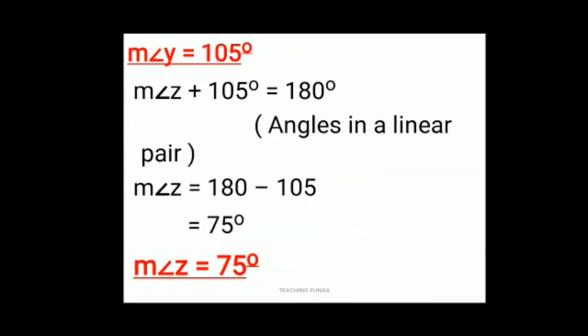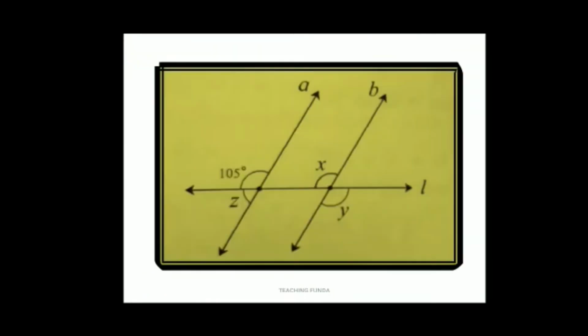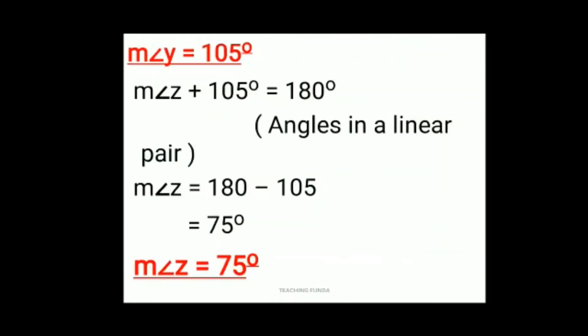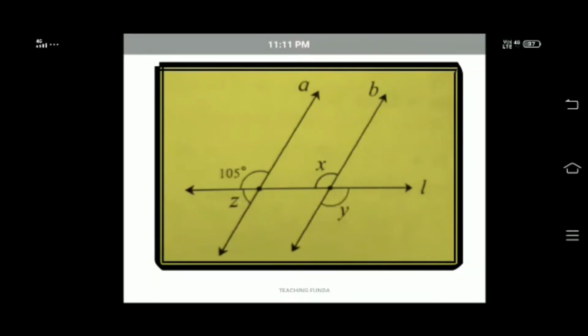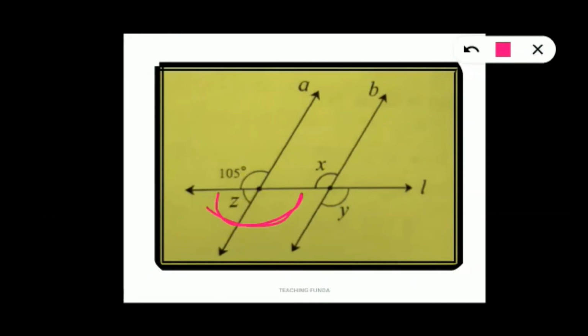Angle Z. See, angle Z plus 105 is equal to 180 degree. If you observe this, the angle opposite to Z is also 105, because these are opposite angles.